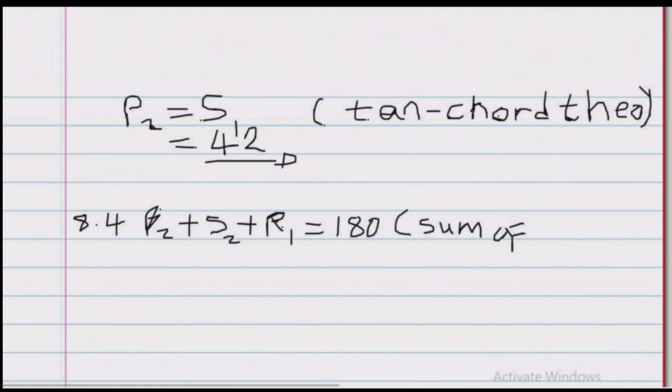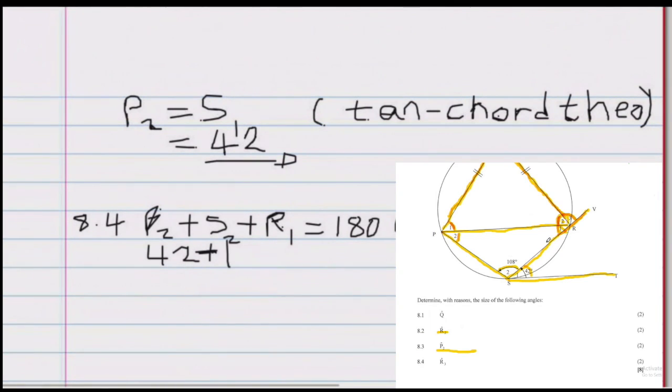Meaning, remember we had the value of P2 as 42, S2 was 108, plus R1 equals 180.